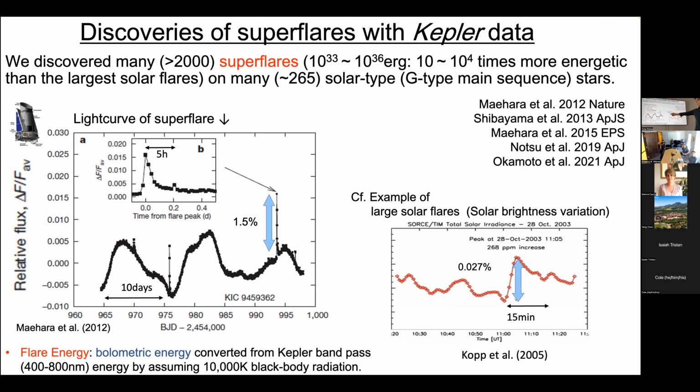Yeah, this star is a bit younger than the sun. The rotation period is, I think, about 10 days, and some stars show multiple flares. This is a very interesting point: some stars show multiple flares, but in different ways show no superflares. So possibly the activity changes or not.